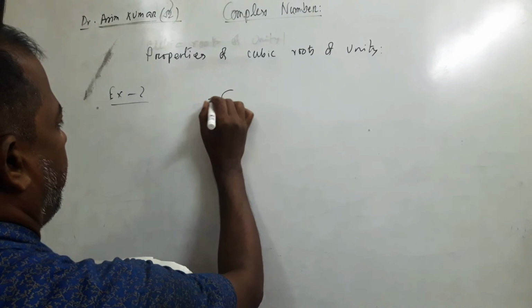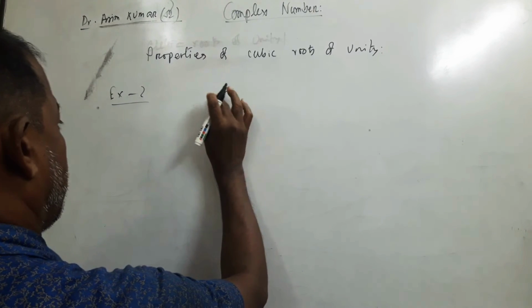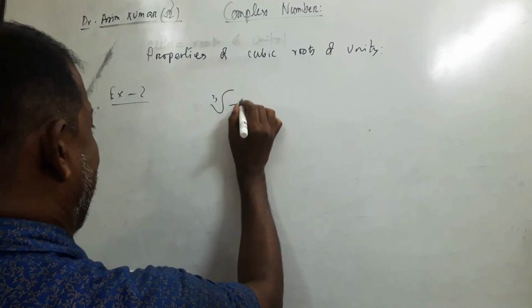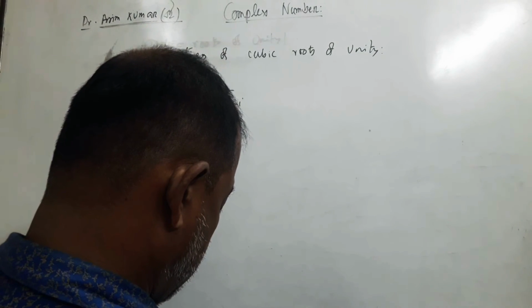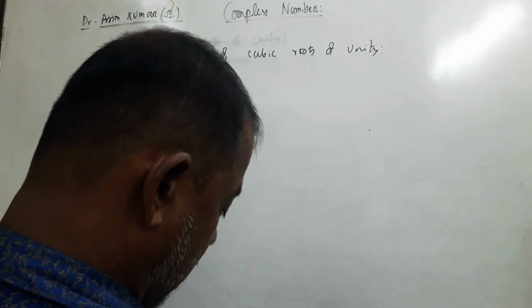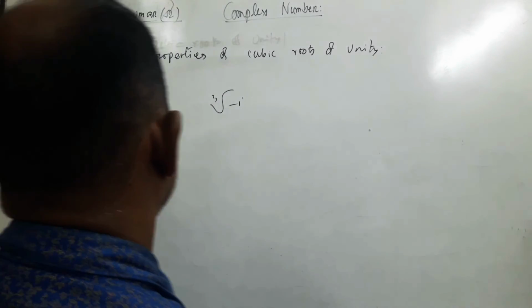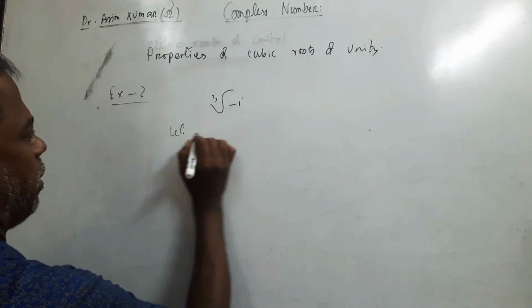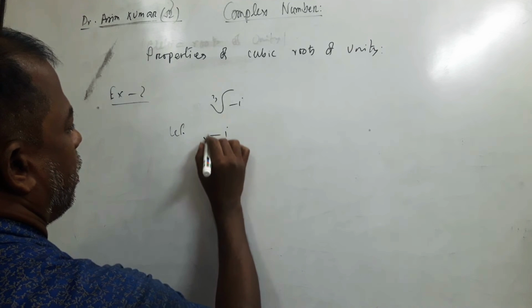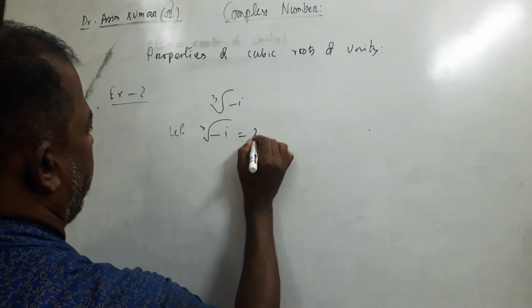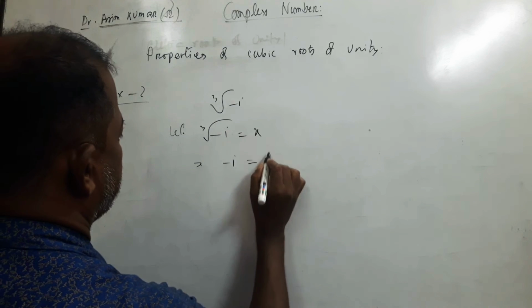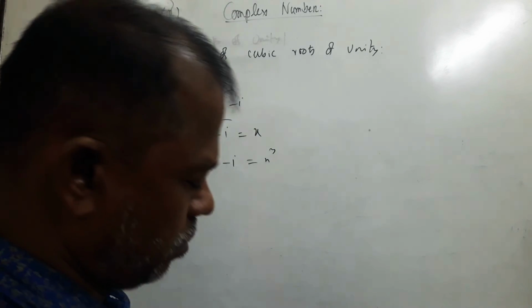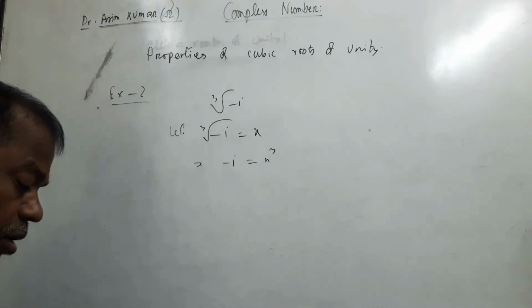Minus i, right? Okay, so let the cube root of minus i equal x. That implies minus i equal to x cube.